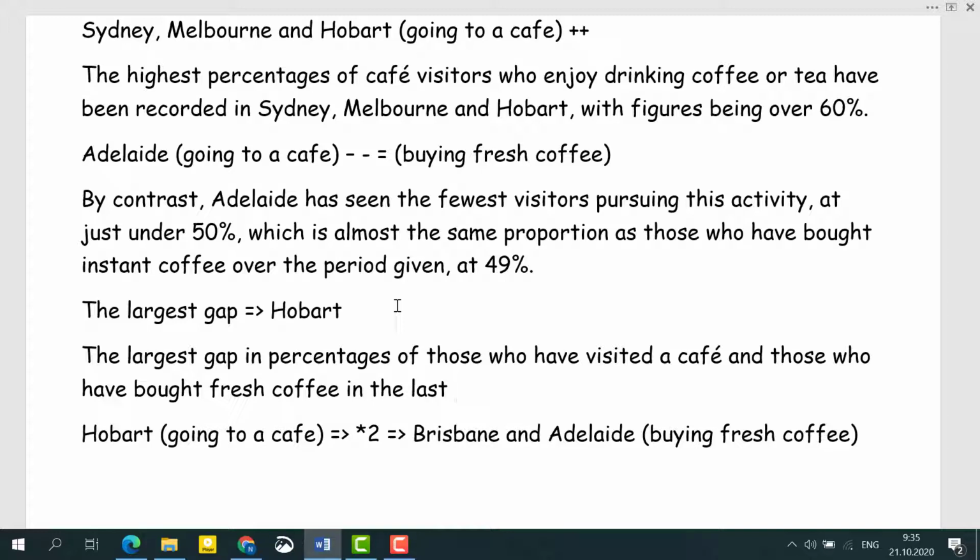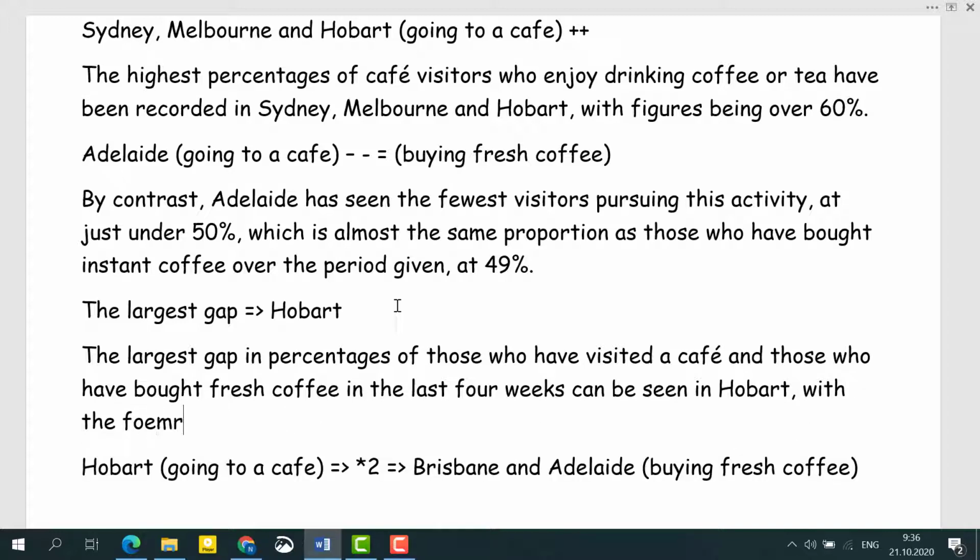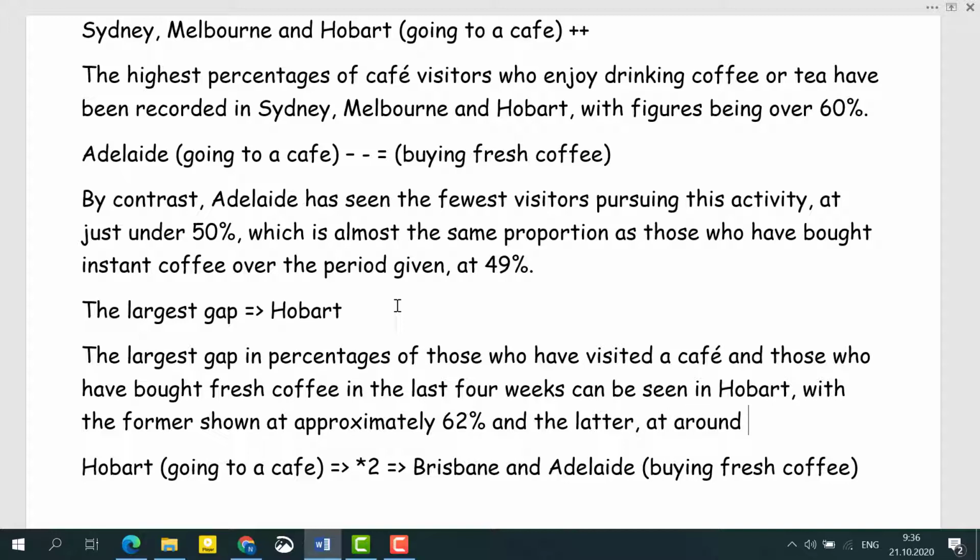Yeah, I can also just write here in this case, like in the last 4 weeks, can be seen in Hobart with the former shown at approximately 62% and the latter at around 38%.